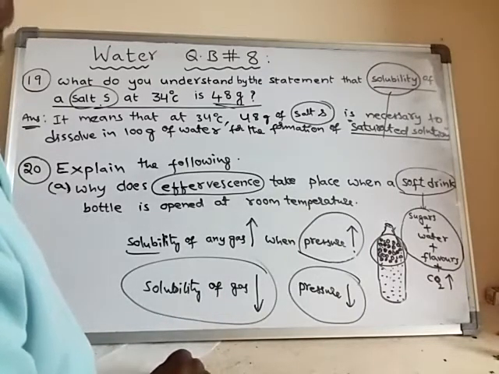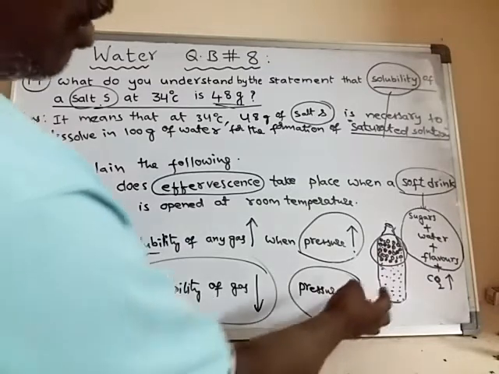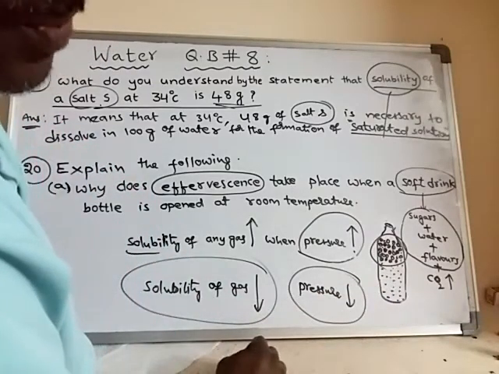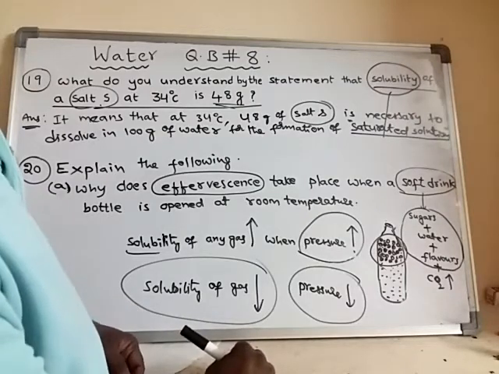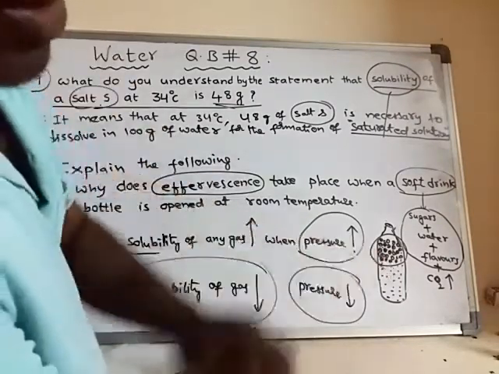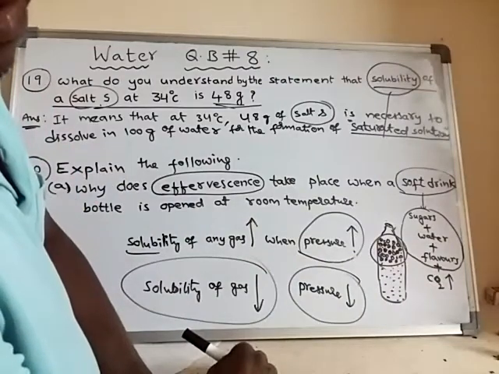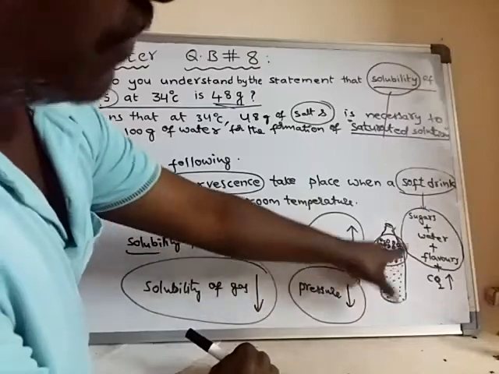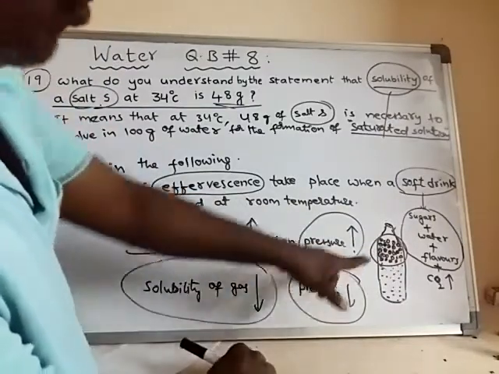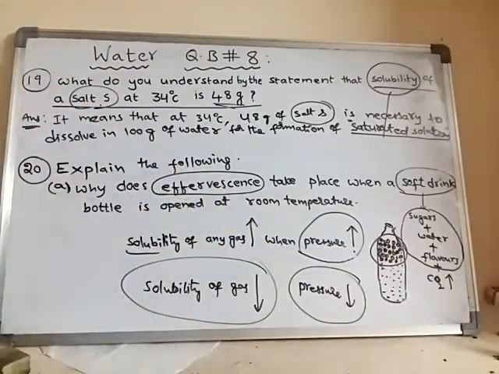So the amount of dissolved gas in the solution becomes less, and some gas will come out from the solution in the form of bubbles. Those bubbles are called effervescence.